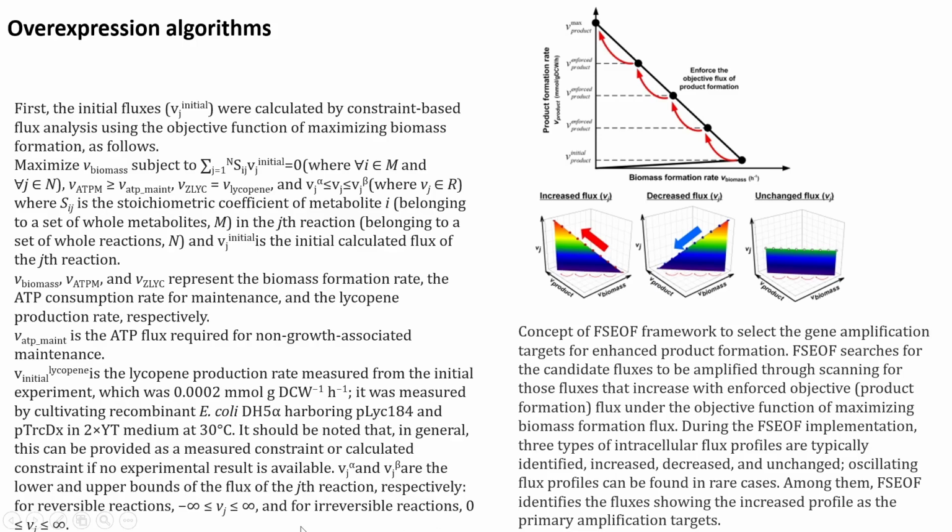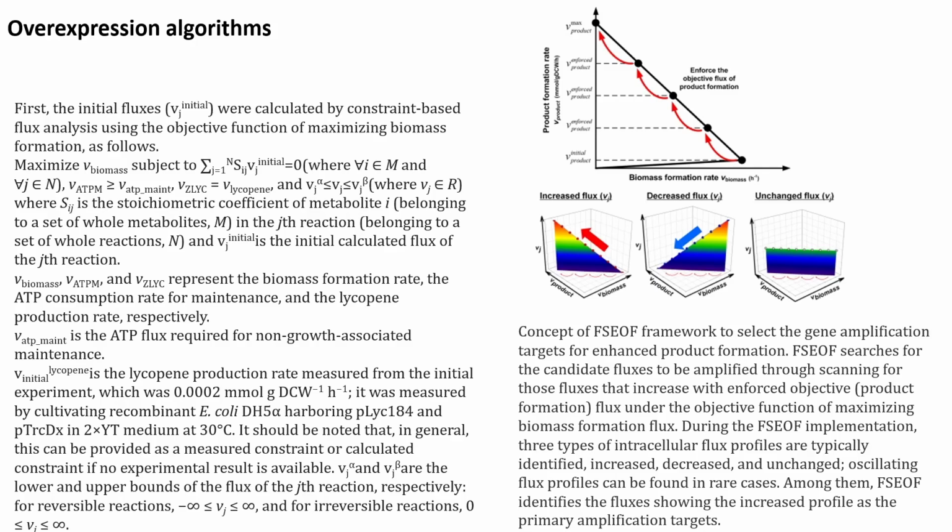It should be noted that in general, this can be provided as a measured constraint or a calculated constraint if no experimental result is available. So if you do not have this initial lycopene production rate, you can set it to a value and use it as a constraint.